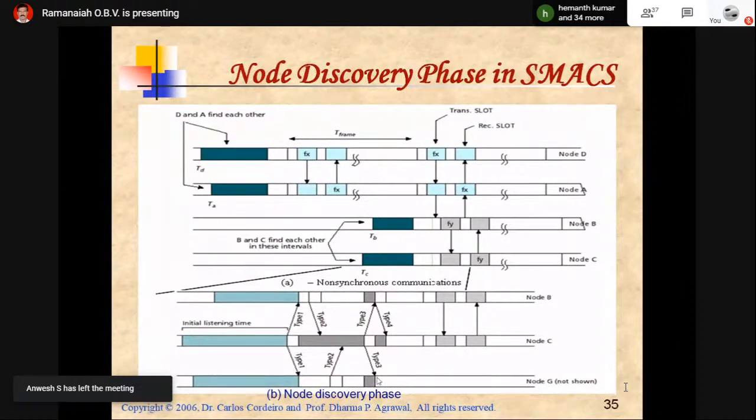So it is disseminating the invitation message called type 1. So both of them have received it. What is this point? At this point, node C woke up and it has started. Now it has initiated the node discovery phase as part of the first phase. Right? So it has sent type 1.